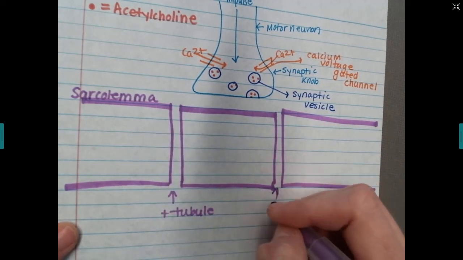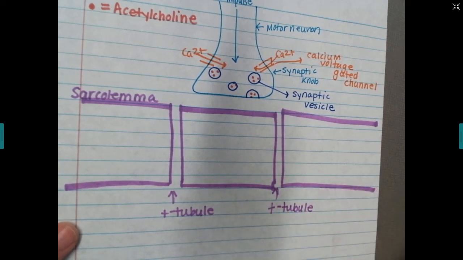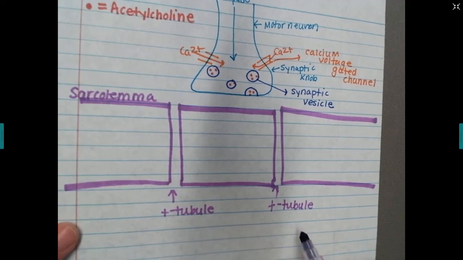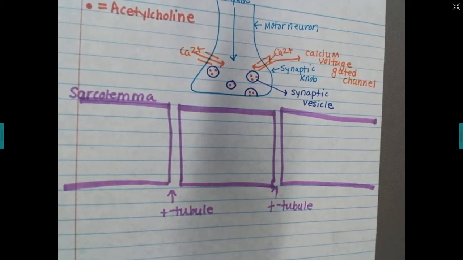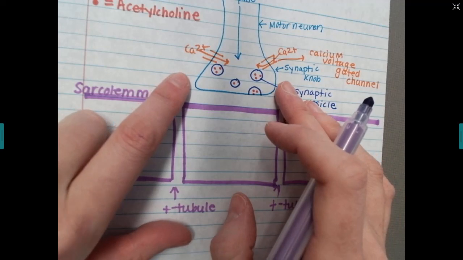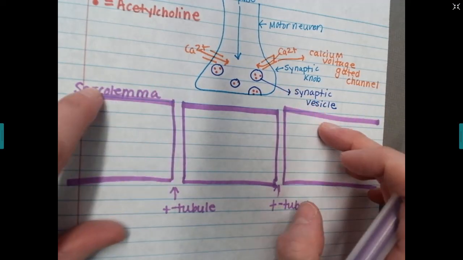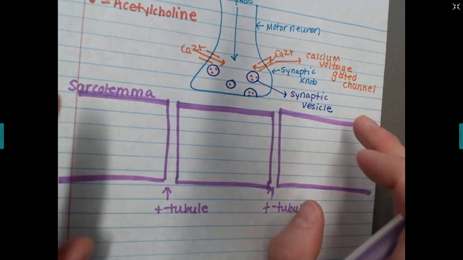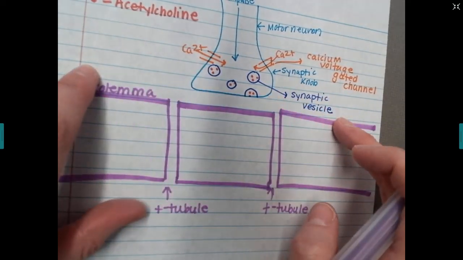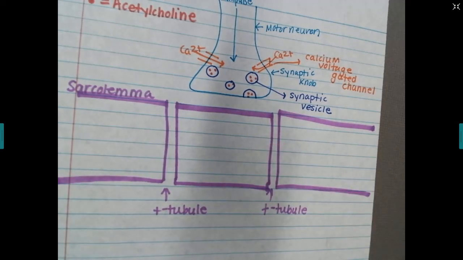Those holes are called T-tubules. Okay, remember, tubule is just baby tube. Those T-tubules are going to be really important with the spread of a muscle impulse, or telling the muscle that instead of us just contracting right here where the motor neuron is, we have to contract along the whole muscle fiber. And so the sarcolemma has the ability to spread that impulse because of these T-tubules.